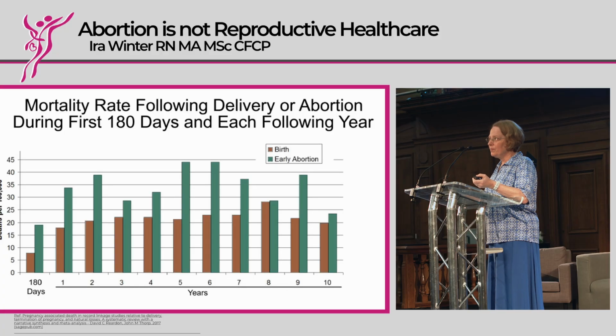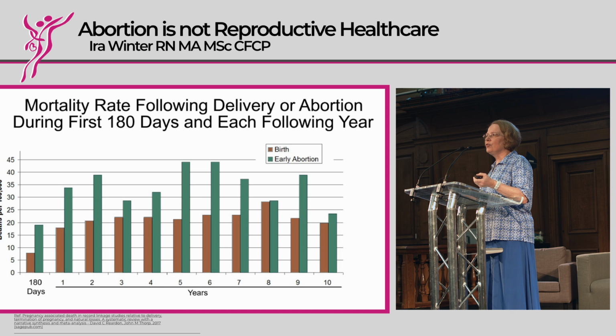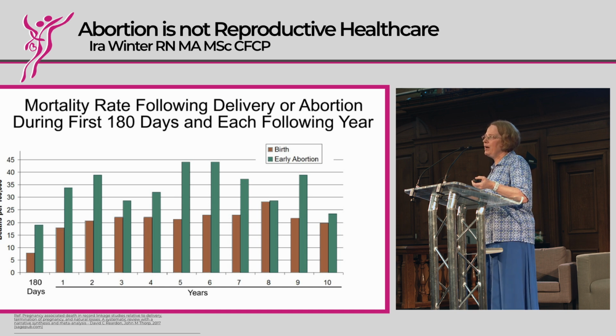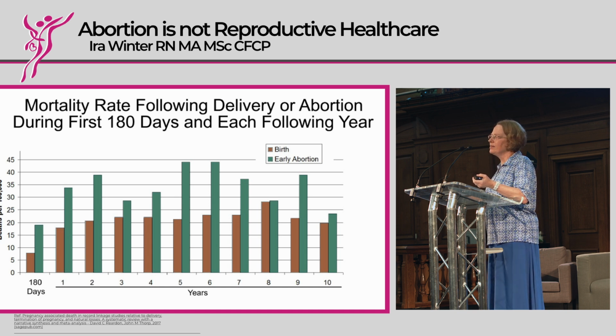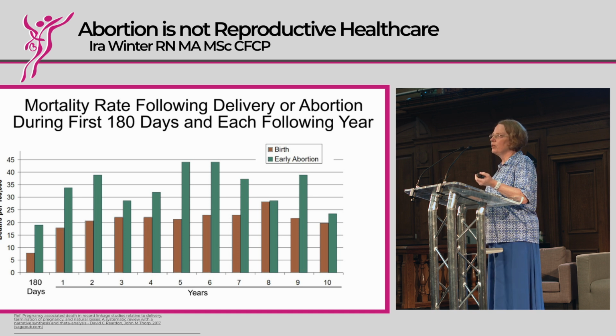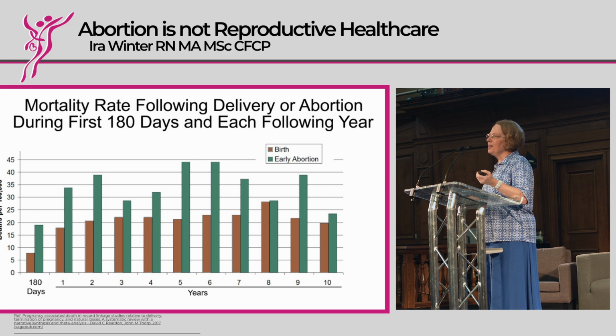Looking beyond, in this study here, this is not just looking at direct maternal mortality, but at any cause of death over time. And Dr. Reardon, who did this research, found that within 180 days, there was a statistically significant difference between those who chose an early abortion and those who chose to give birth. And this difference lasted over years.